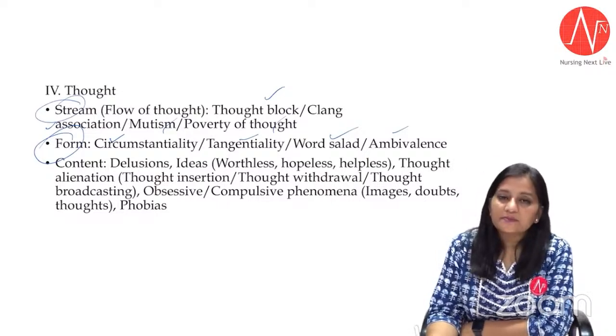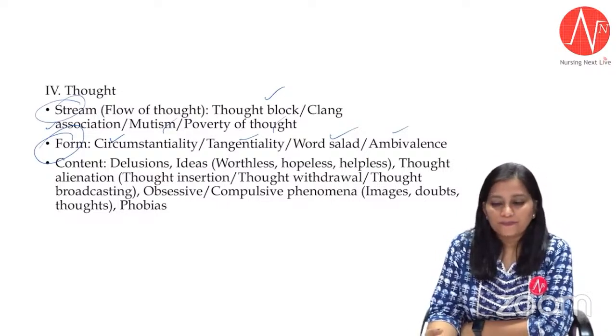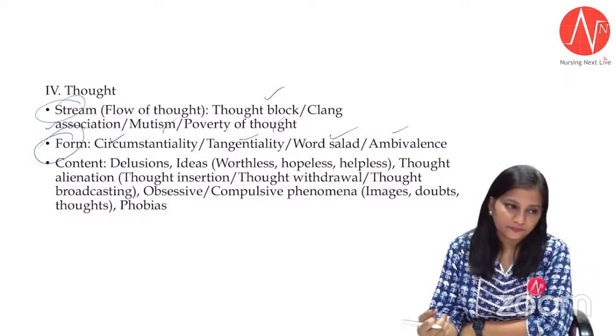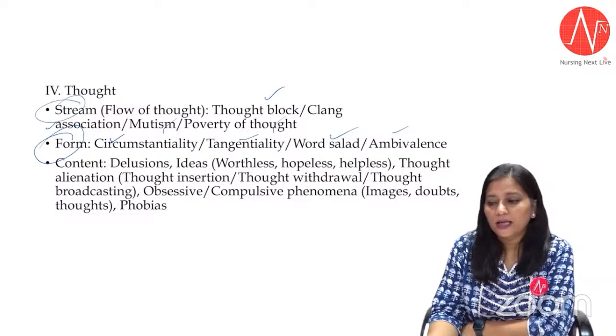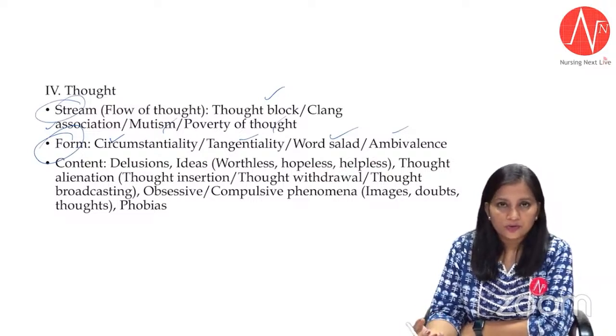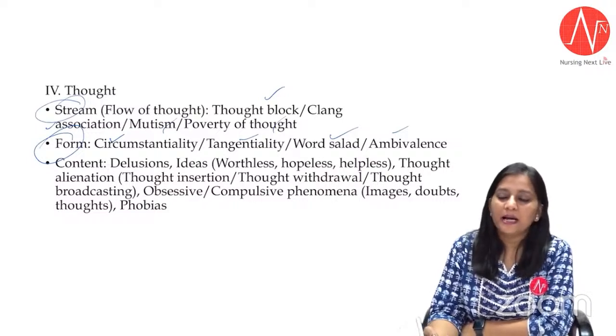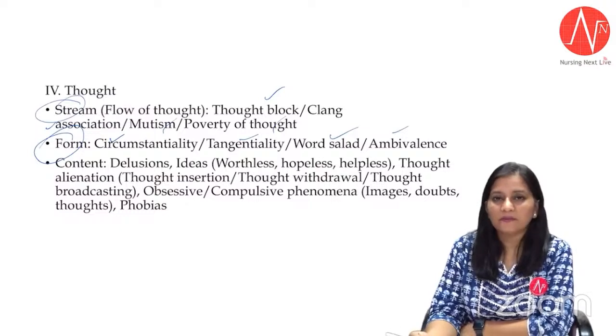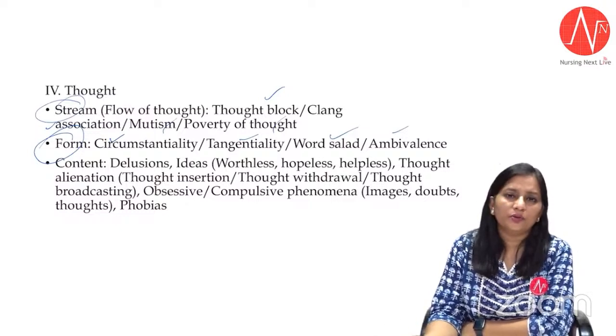Suppose there is a patient in the ward, and now the patient wants to go to the washroom. He told his relatives or family members, or this nurse, that I want to go to the washroom.